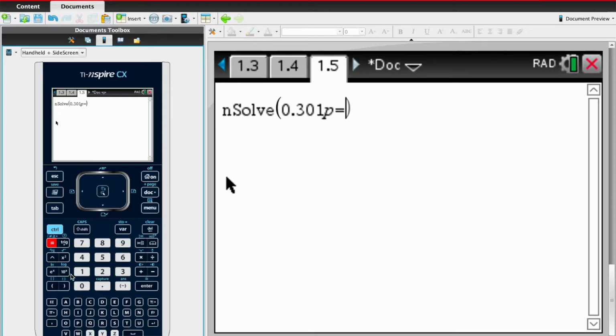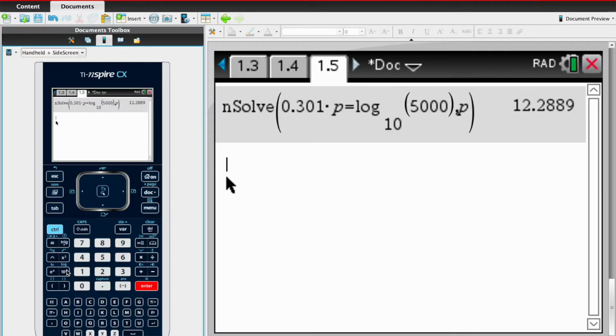Here's log right here. We're going to need to press Control, log, and it's going to ask us the base. So let's model what the question has given us, log base 10, and then 5,000 guesses. That's the value of g. Let's ask the calculator to solve for p.